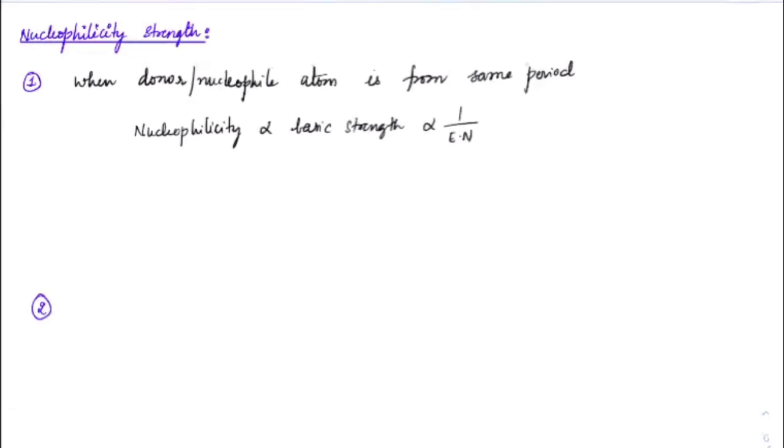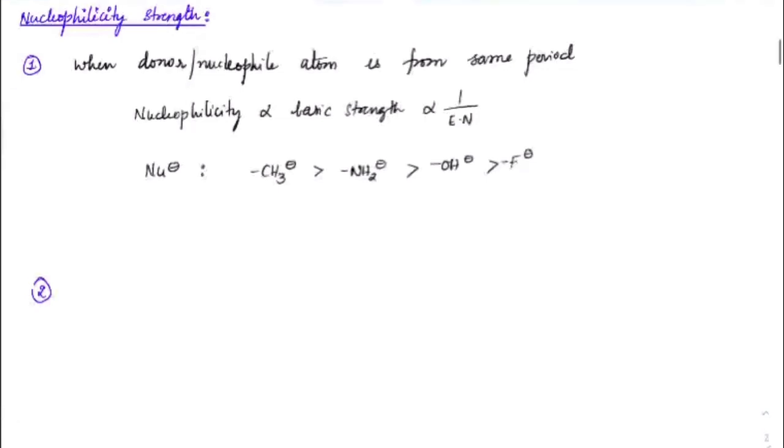So in short, if you check the nucleophilic strength, CH3 minus will be greater than NH2 minus, will be greater than OH minus, will be greater than F minus. And I'm sure you have come across this before, so I hope you would remember that.